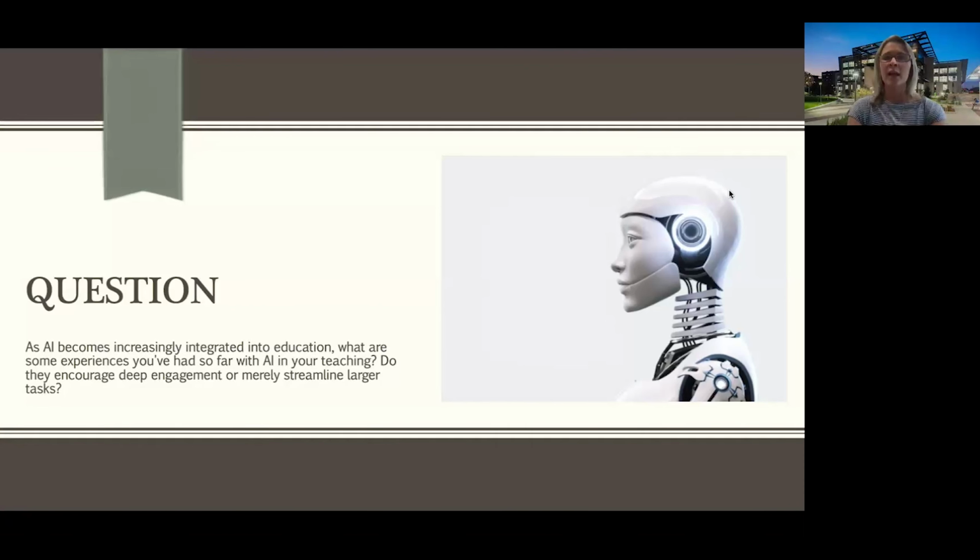I would think that's for a particular assignment, maybe you're thinking of a specific assignment when you say this. So keep that assignment in the back of your head for right now. I'm hoping that in just a minute we'll get to some of the framework pieces, and maybe we can apply that a little bit to see, is there a way to adjust that so that students are using it more as an assistive tool.